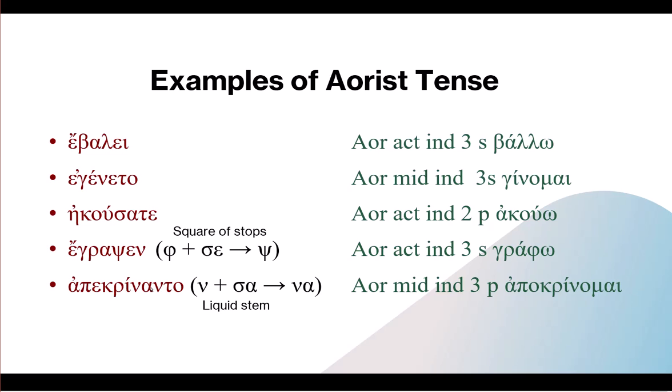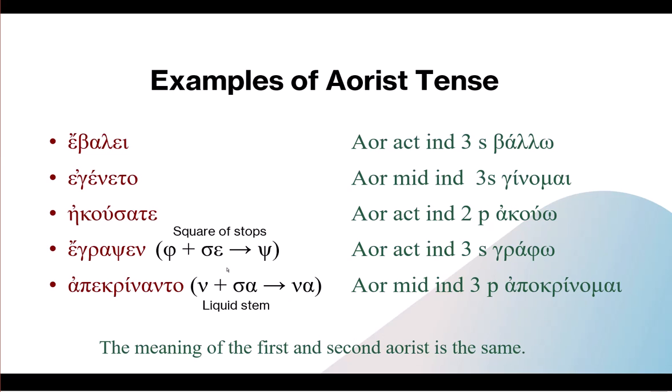So putting all that together, I'm going to say this is a first aorist, and that the sigma dropped out because of this liquid consonant. Apokrinomai means to answer, so this would be third plural, they answered. We should note that the meaning of the first and second aorist is the same. So the form is different, but the meaning is identical.